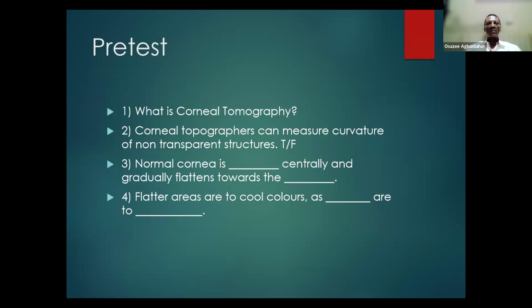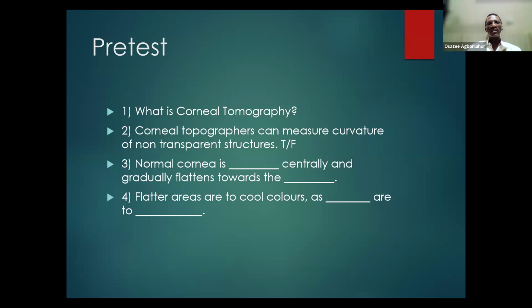For the curvature map, let me start with that, you don't really need the back surface, although some of them can still give you that. Just like I mentioned earlier, the front surface is the major part because it is about 40 something diopters, while the back surface gives you a minus because it's more concave. So for the curvature map, you usually have basically the front surface. But for the elevation map and also the thickness map, you may have both front and back.